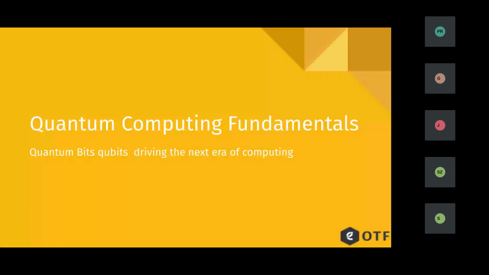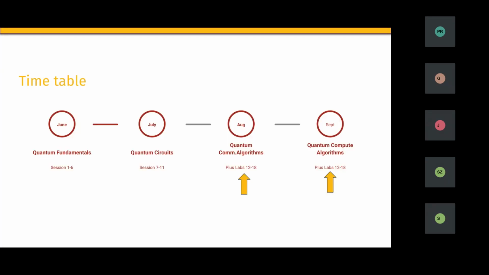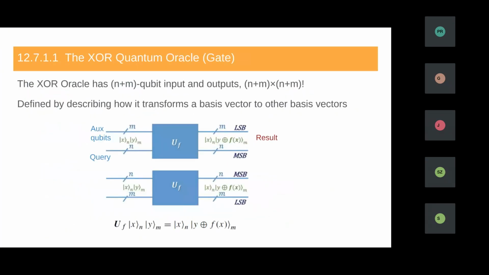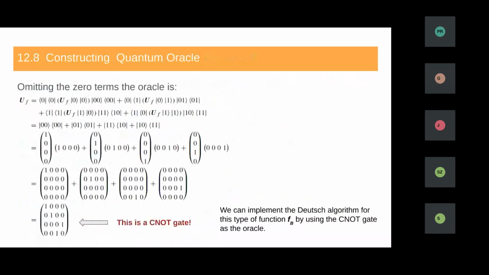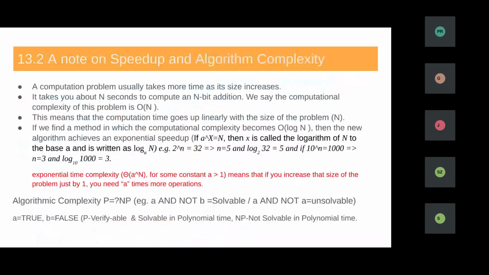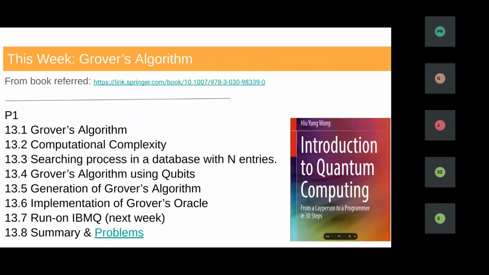So what I will do is, we had done all this, what you had done, and I'll come to Grover's algorithm. We have around half an hour, I believe, and I will try to cover as much as I can, and then we'll move on to the next week after that.